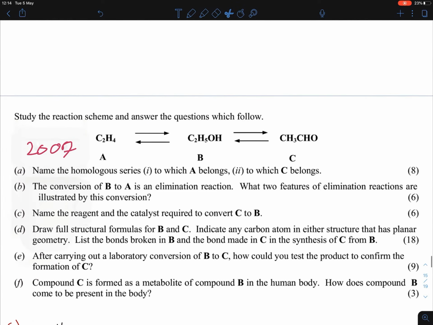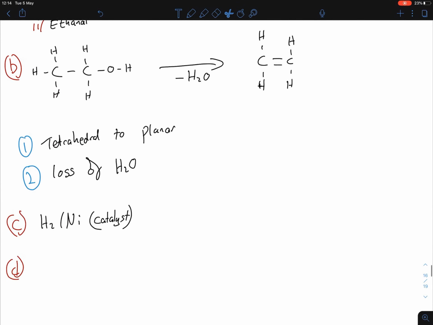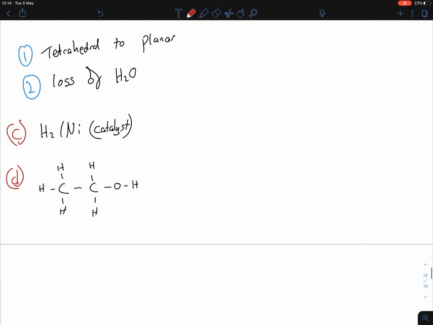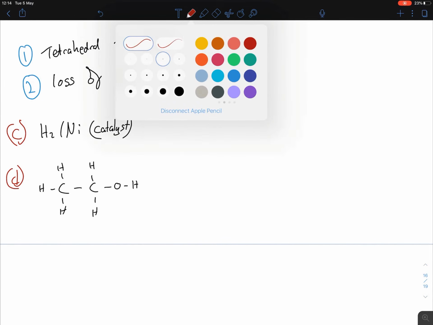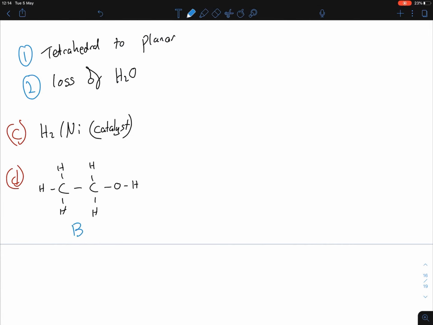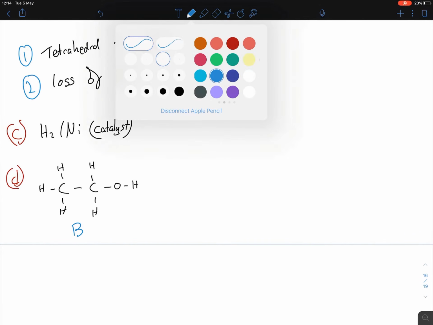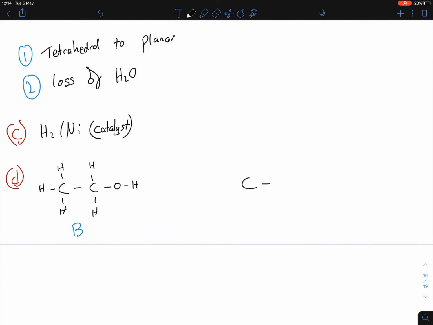B was the alcohol, and I have it here, so I'm just going to make that a little bit easier. Thank God for Notability. So this is B. And I'll draw my C next to it over here. So this is C.